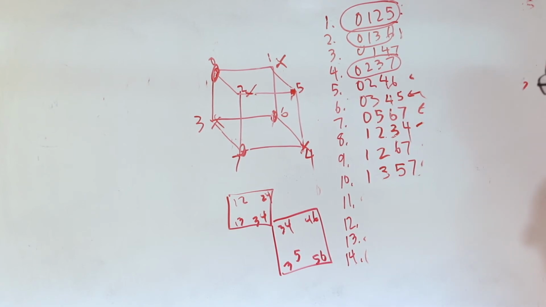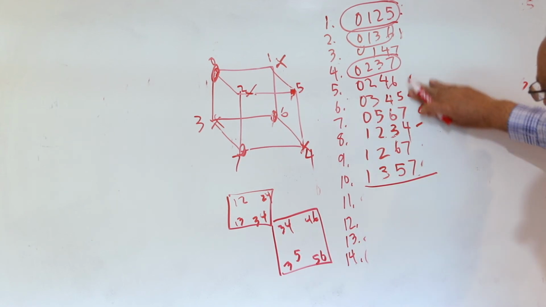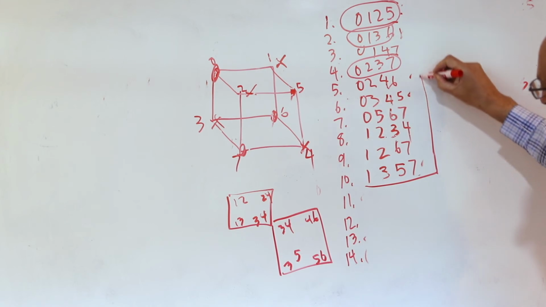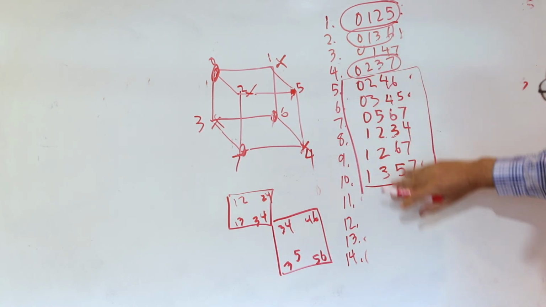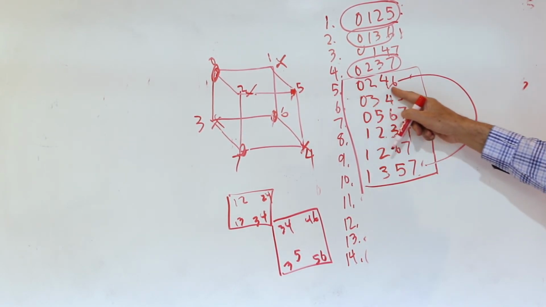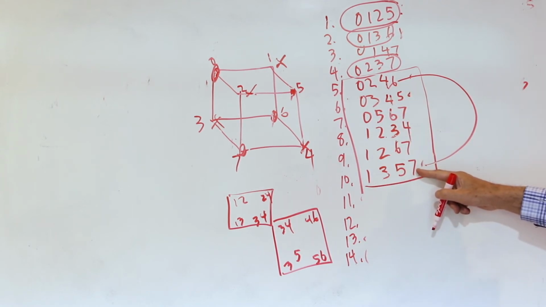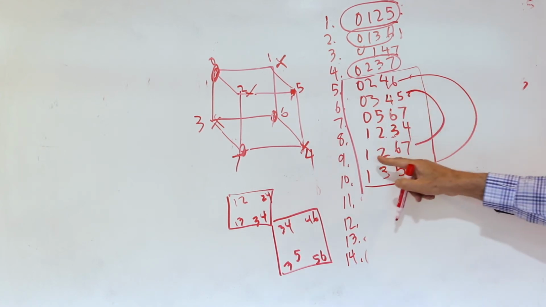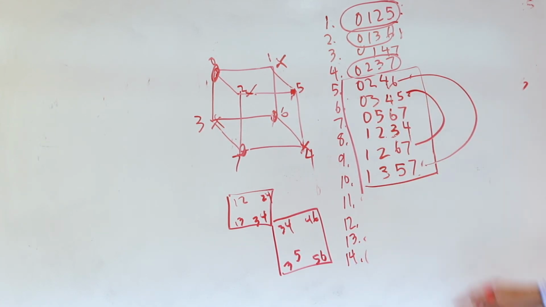There's something to notice if we look at these. If we look at these two, we have all eight numbers. If we look at these two, we have all 8 numbers. Well, that makes sense because that's sort of what's going on with a cube.